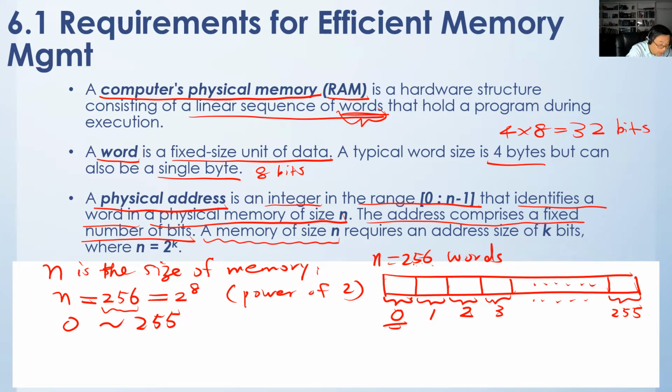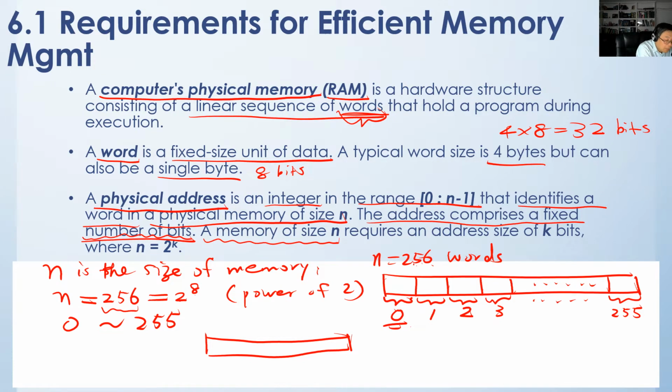Now the question is, the physical address goes from 0 to 255. How many bits do I need to store up to 255? If you know binary numbers, then we know that 256 is 2 to the 8.